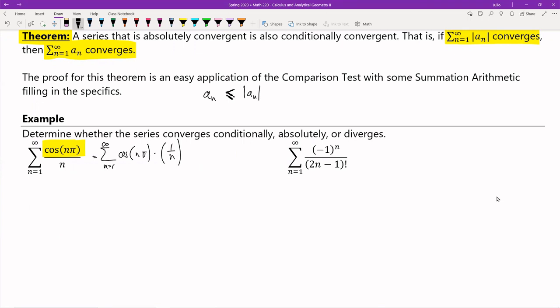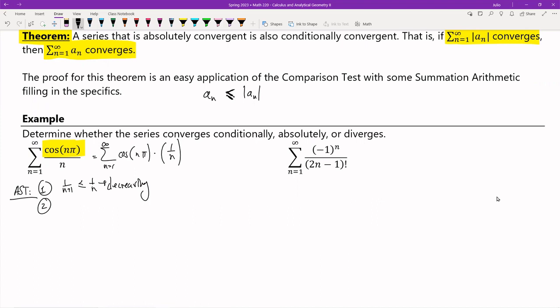Okay, so if I use the alternating series test, then 1, we know that 1 over n plus 1 is strictly smaller than 1 over n, so this is decreasing. We have that much.